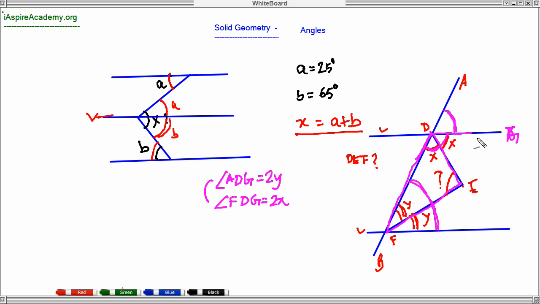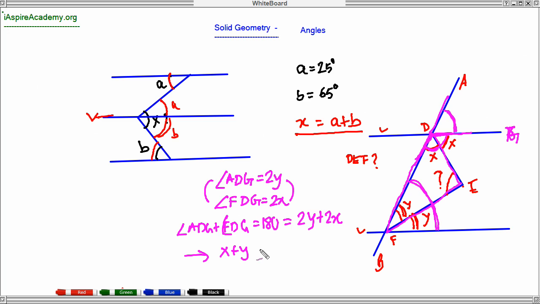So ADG plus FDG equals 180 degrees, which is 2Y plus 2X. This leads to X plus Y equal to 90 degrees, which makes them complementary angles.